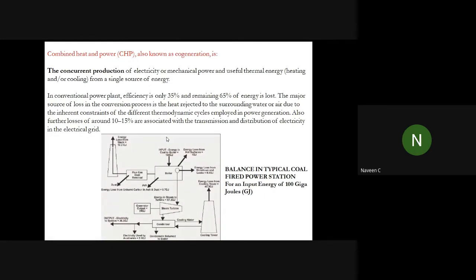But cogeneration will reduce the gap to the maximum efficiency. How? Anyhow, a traditional power plant will have 35% efficiency. For example, in Tamil Nadu we have many power plants under the Tamil Nadu Electricity Board.